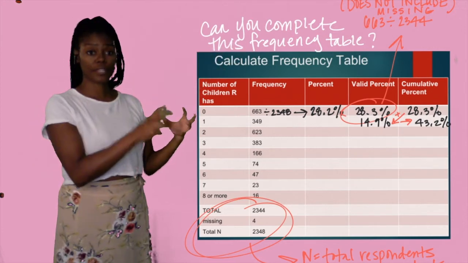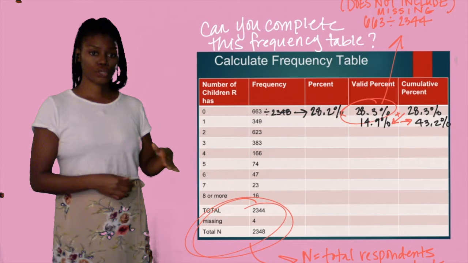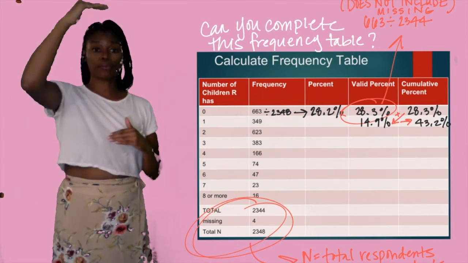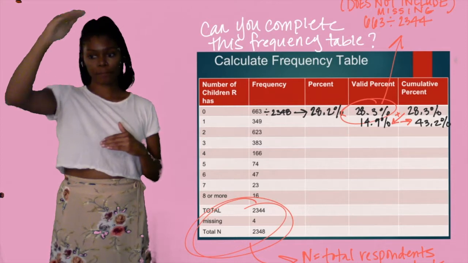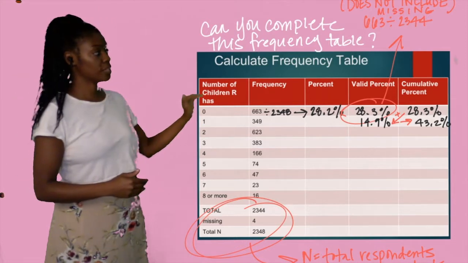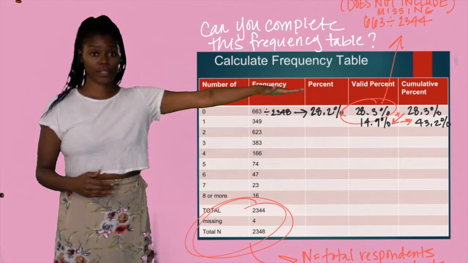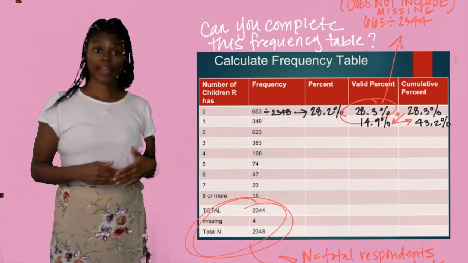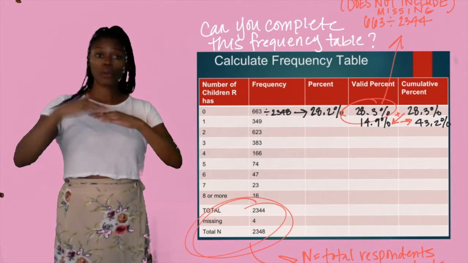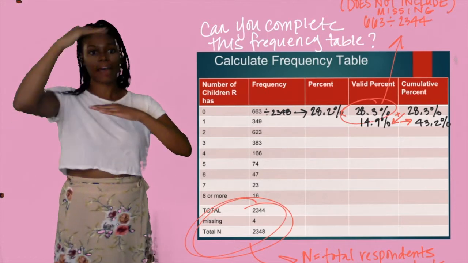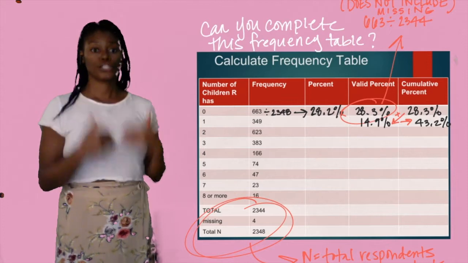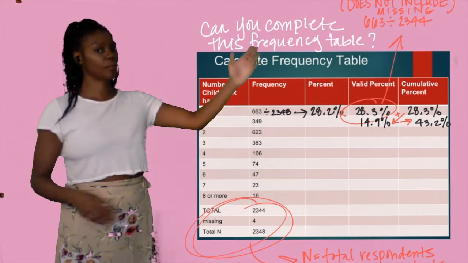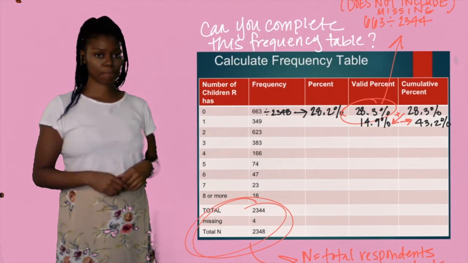And cumulative percent then allows you to say something not just about one category, but about all of the preceding categories. So in this example, you'll see the first line of the frequency table, the valid percent and the cumulative percent are the same thing. That's because there's no valid percent ahead of that first line of the frequency table to add to the existing cumulative percent. So valid percent, cumulative percent, same thing in the first line.